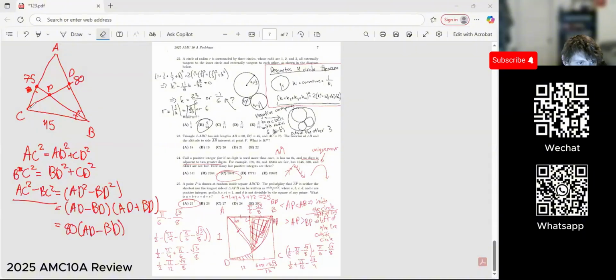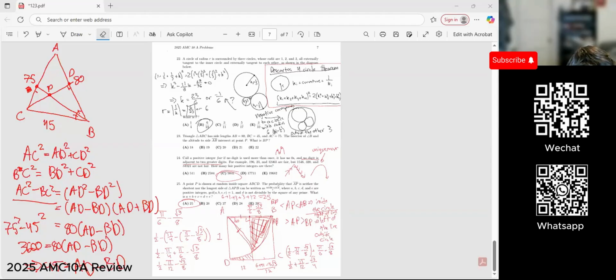However, AC squared minus BC squared is 75 squared minus 45 squared, which is equal to 3,600. So that tells us that 45 is equal to AD minus BD, right?